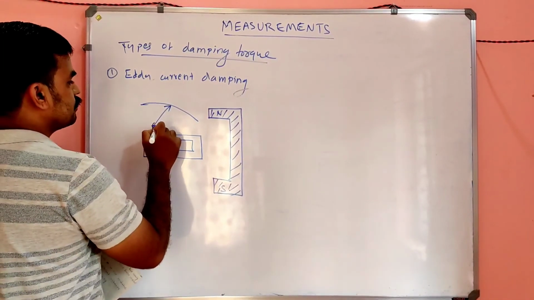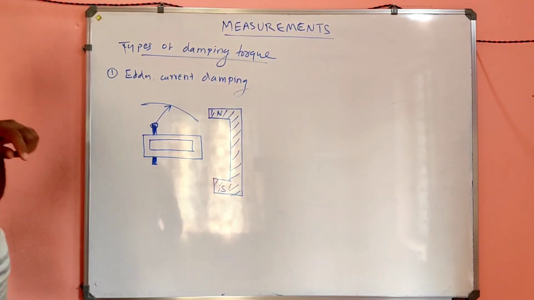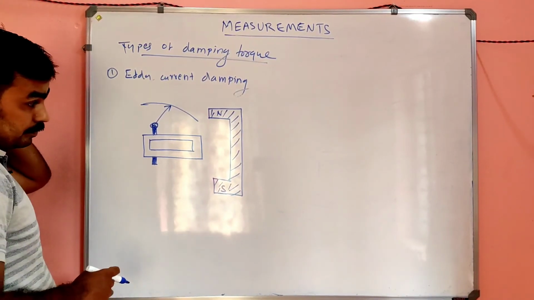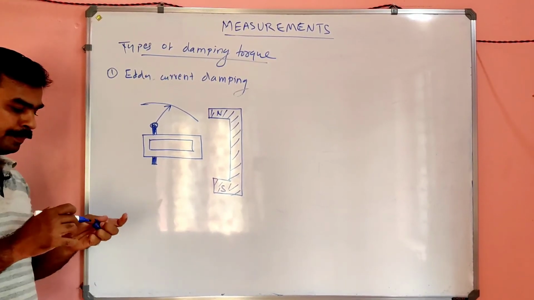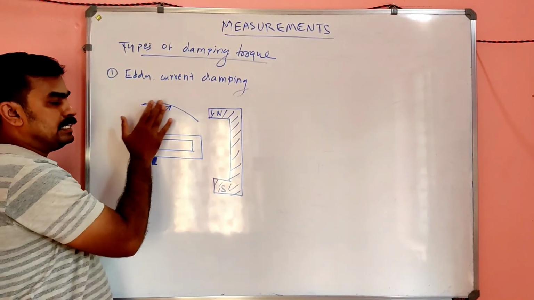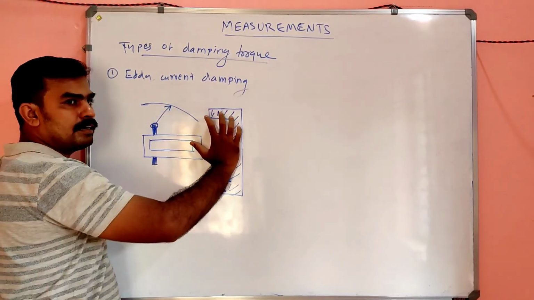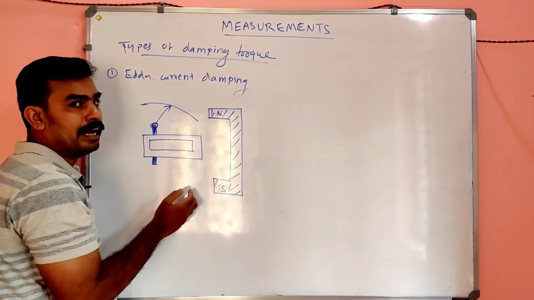Listen, my dears, listen. Eddy current damping means the moving system is under the field of a permanent magnet.